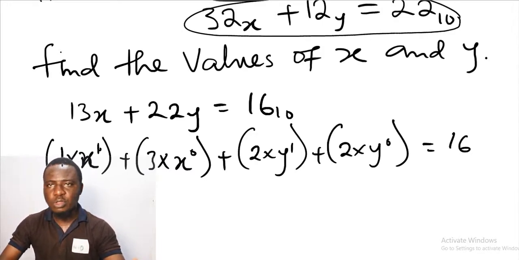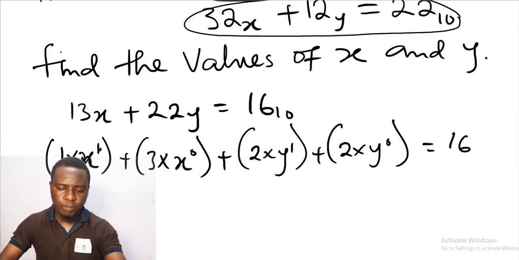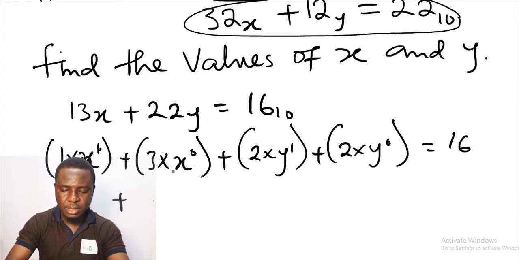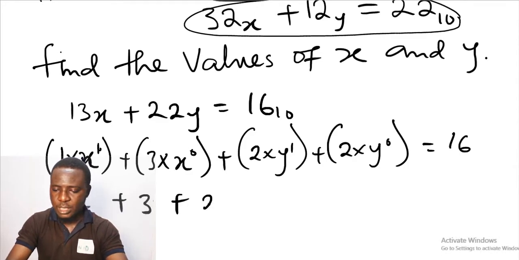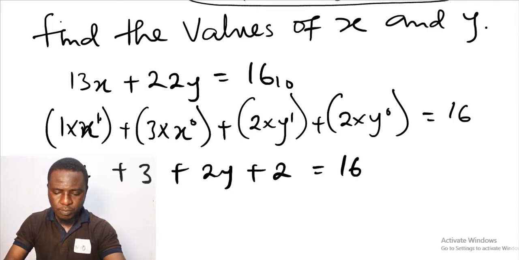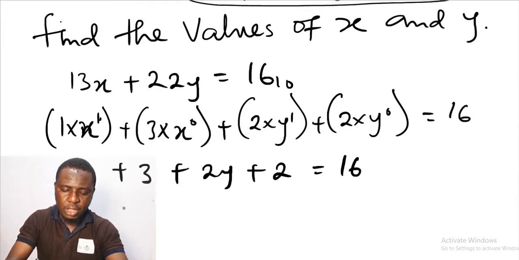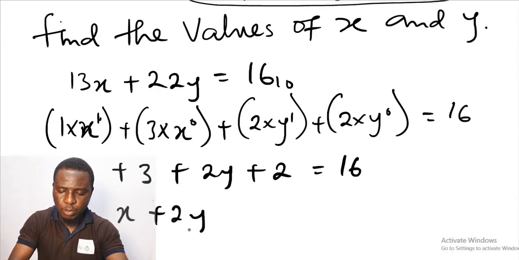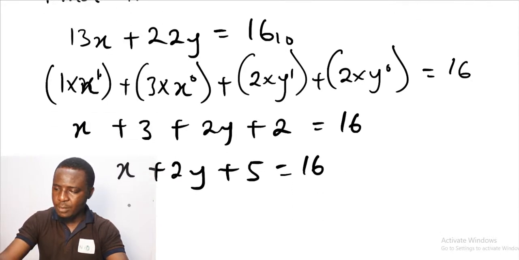After solving for equation 1, we also solve for equation 2. So this becomes x plus 3 plus 2y plus 2 is equal to 16. Immediately, I'll collect like terms, move all the constants to the right hand side, while the left hand side carries only the variables. So this becomes x plus 2y plus 5 is equal to 16.